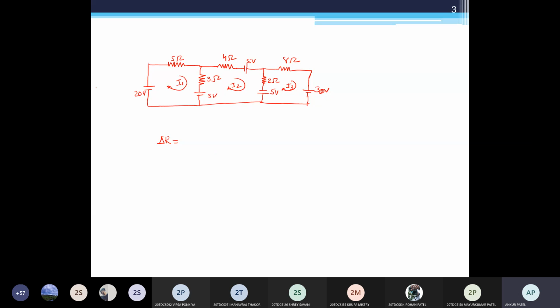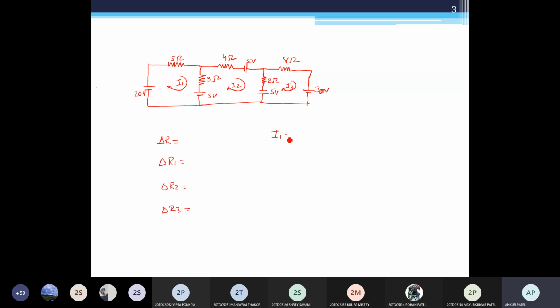So tell me delta R, delta R1, delta R2, delta R3.